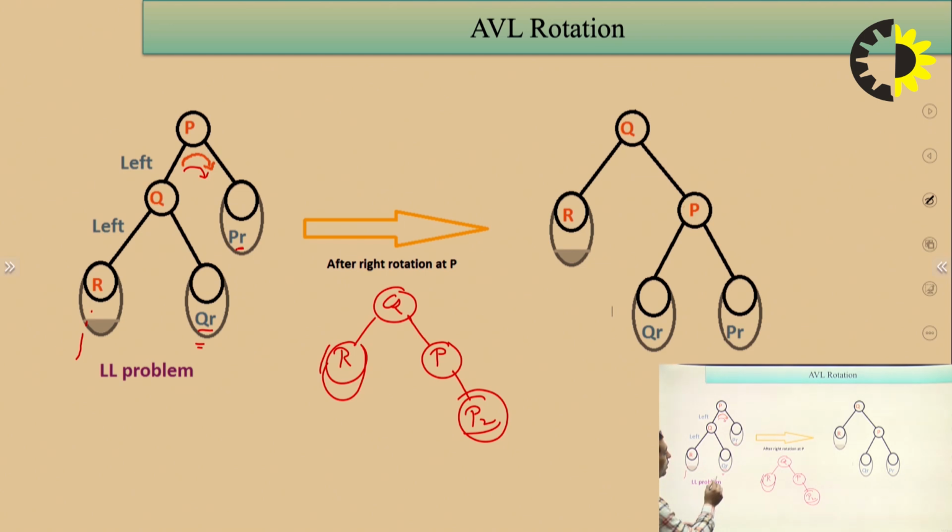We will see all the values in this particular subtree are less than P and greater than Q. Start from here, greater than Q means come to this right side, and less than P come this side. So, our new attachment will come here for this particular QR.